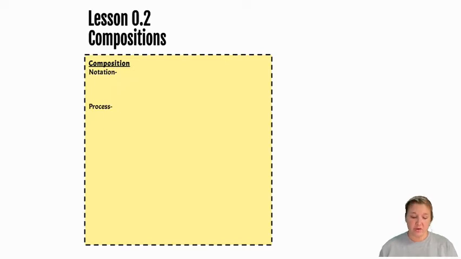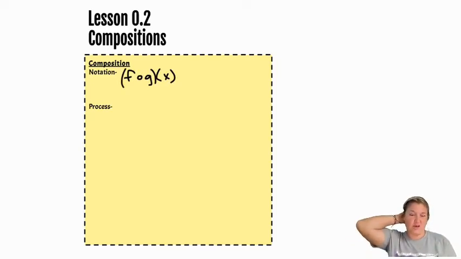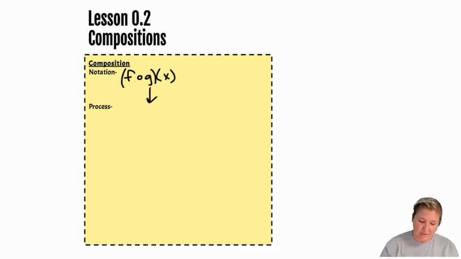Remember with compositions, the notation is f composed of g, or whatever your functions are, of x. It's written like that, so it looks like fog, but it's really f composed of g. What that really means is f of g of x.